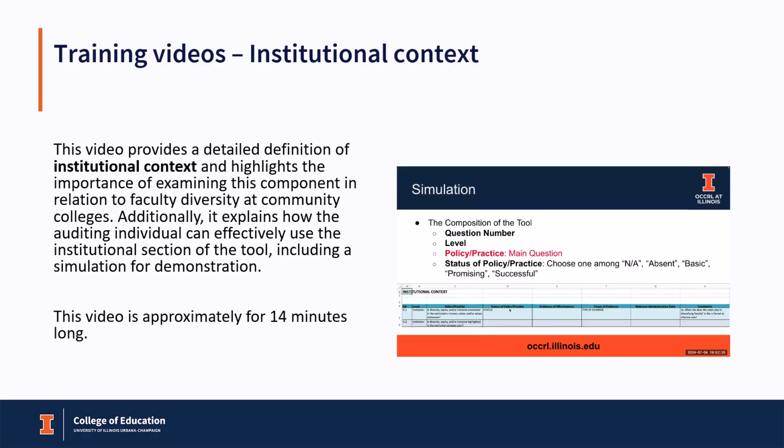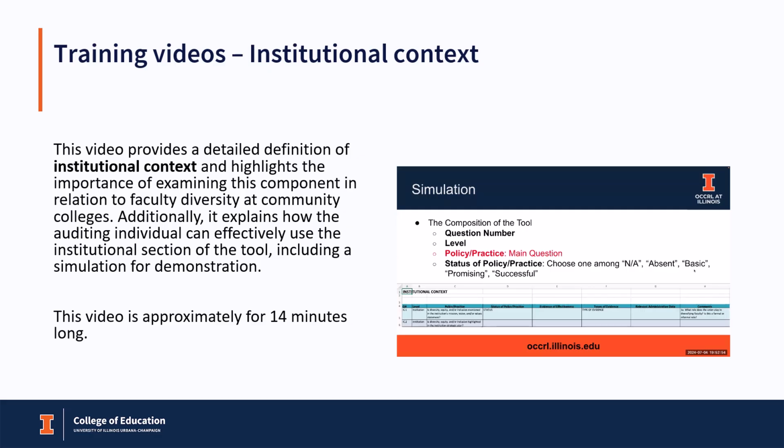labeled status of policy and practice. There are 5 options for you to choose from. The first one is not applicable. You can select this if the law or policy does not apply to your institution. And absent, if a law or policy exists, but your institution does not have a corresponding policy or practice.